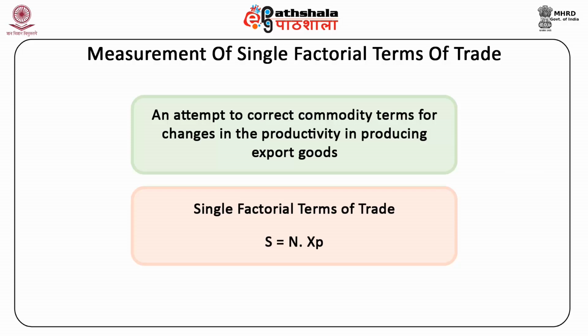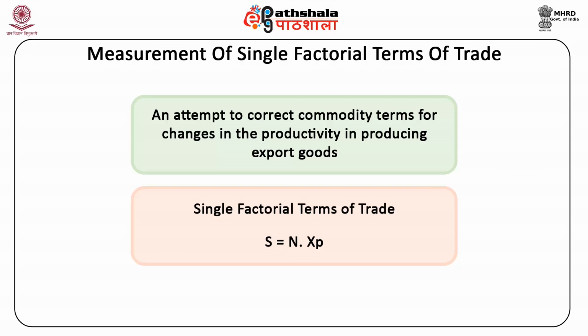Symbolically, single factorial terms of trade is expressed as S is equal to N X P, where N refers to commodity terms, XP stands for Export Productivity Index, and S refers to single factorial terms of trade.